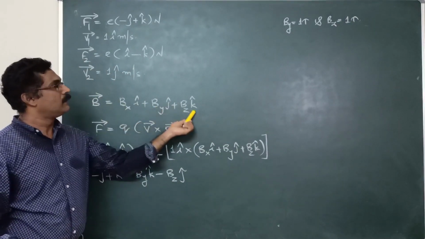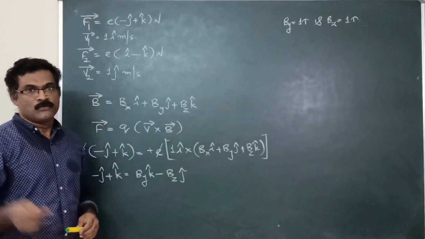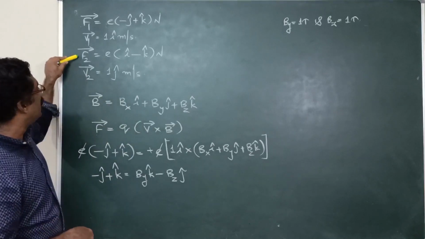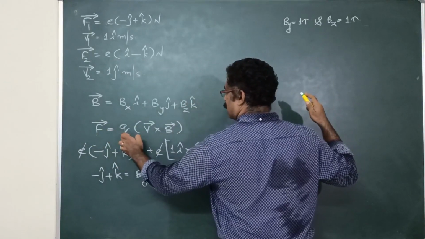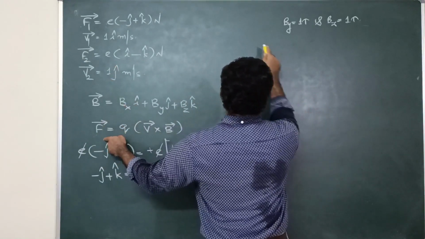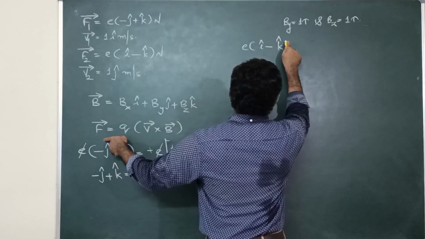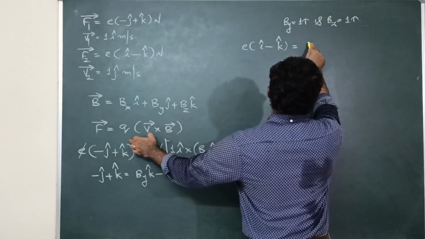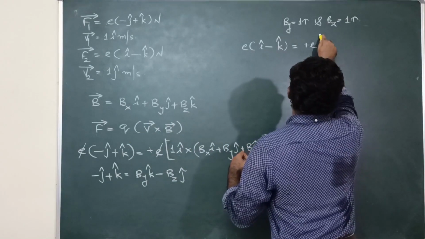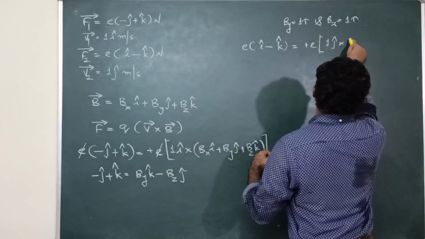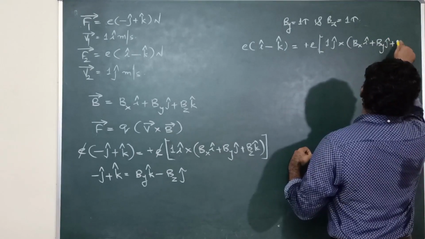So two of the components are there, but what about Bx? That we don't know. For finding the Bx component, you take the next force F2. The equation is F equal to Q into V cross B. Substitute the values, and you will get E into i cap minus k cap equal to Q, again the positive charge of a proton, into j cap, since V is 1 j cap, cross the magnetic field, again Bx i cap plus By j cap plus Bz k cap.